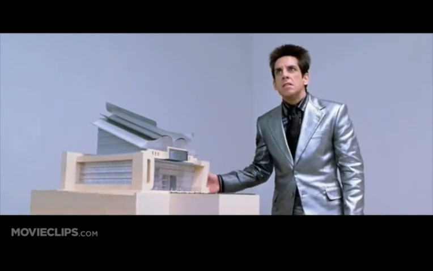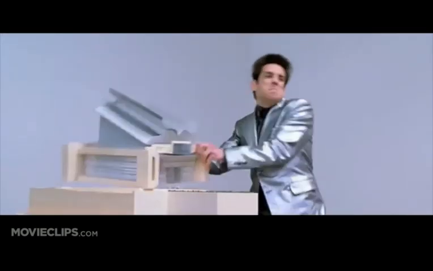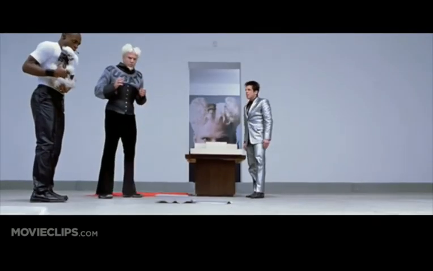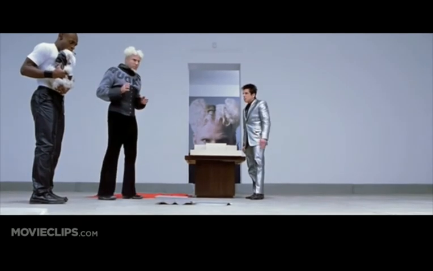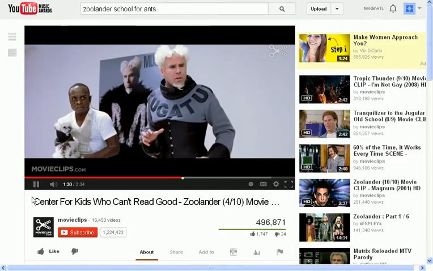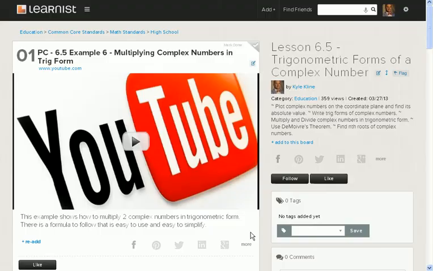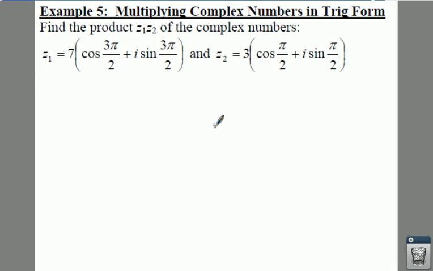What is this? A center for ants? What? So make sure you learn how to read good and learn other stuff too.